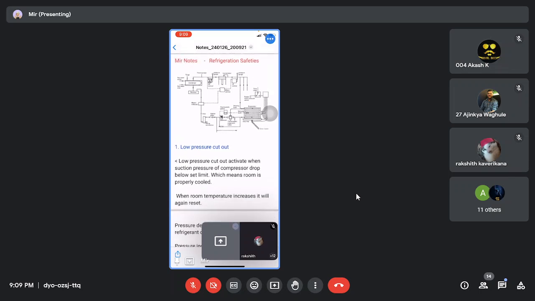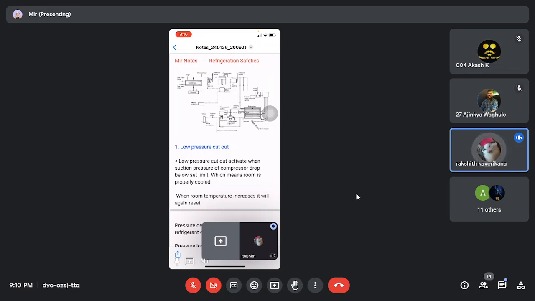So anyone want to say something on this point? Nothing extra to add. It basically means whenever we achieve the desired temperature, we have to save energy, right? So this low pressure cutout automatically turns off the compressor.